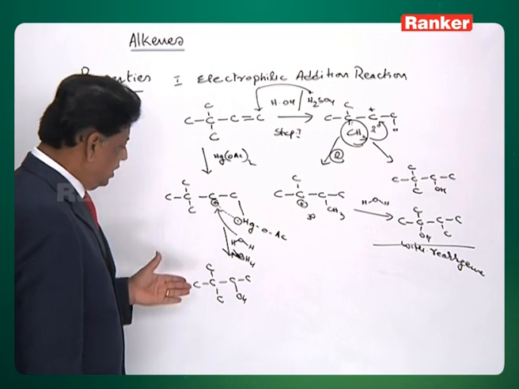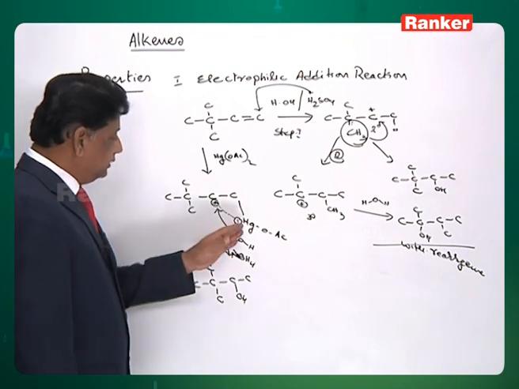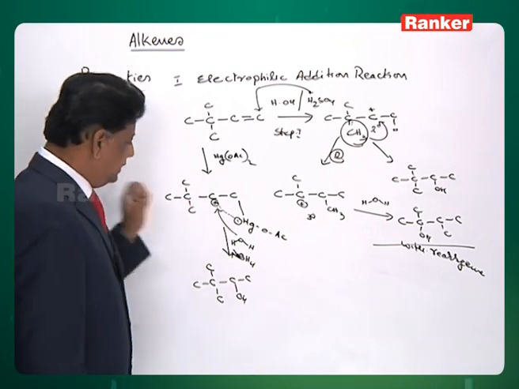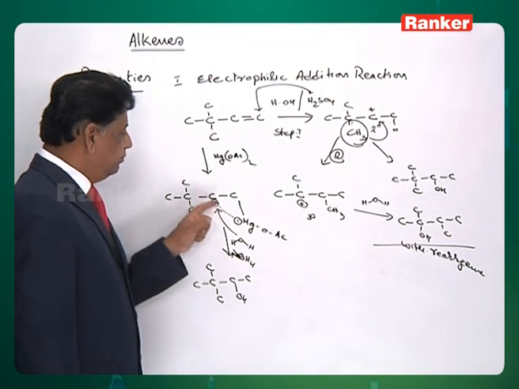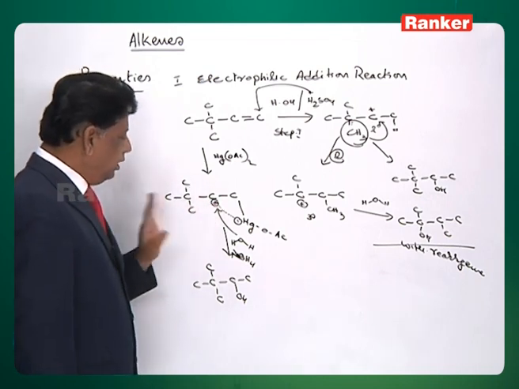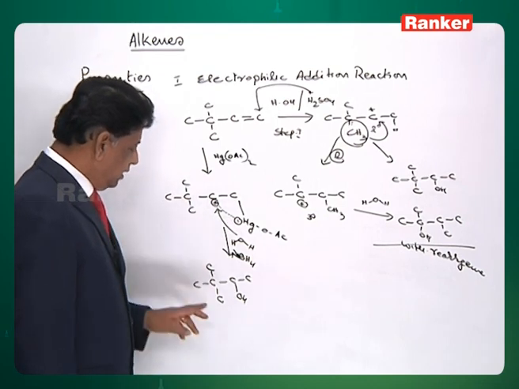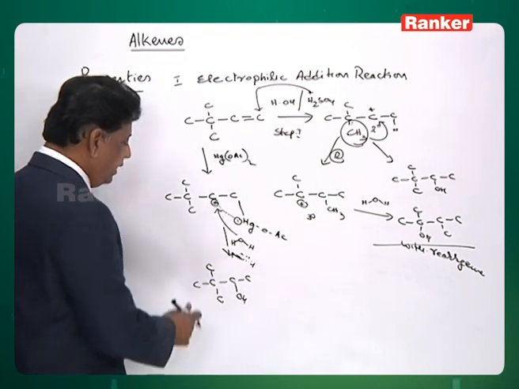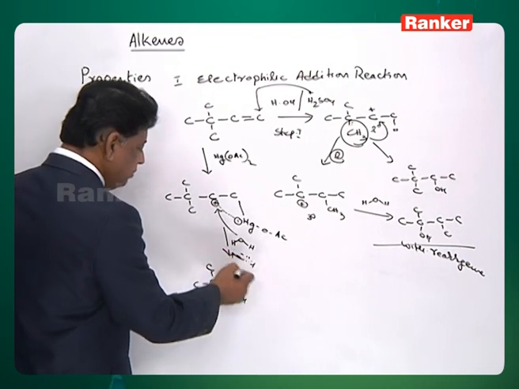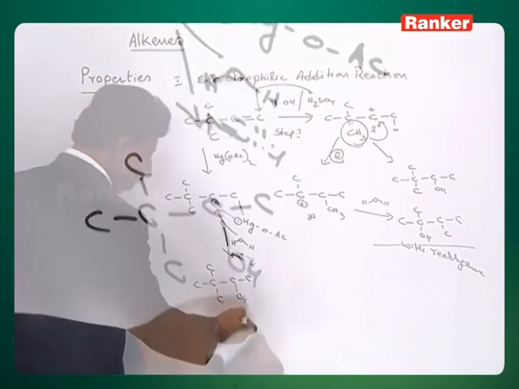This is without rearrangement as such will come, because of this mercuric acetate making a tie-up with this carbocation. No rearrangement takes place, water will come and then reduction, that mercury will go. So without rearrangement, we get this reaction.